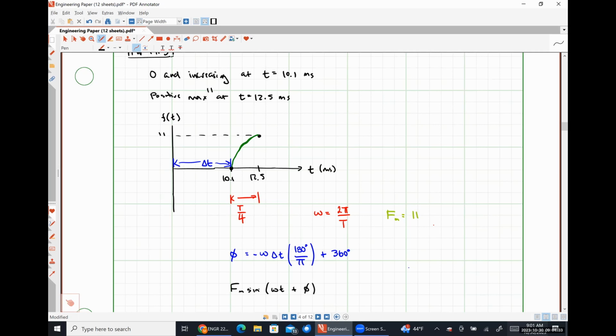It tells you specifically that the function was 0 and increasing at a specific time, which tells you that you're looking at a sine wave, because sine is 0 and increasing when it starts its cycle. If it said it was at its maximum and decreasing at a particular time, then you would know you were dealing with a cosine function.